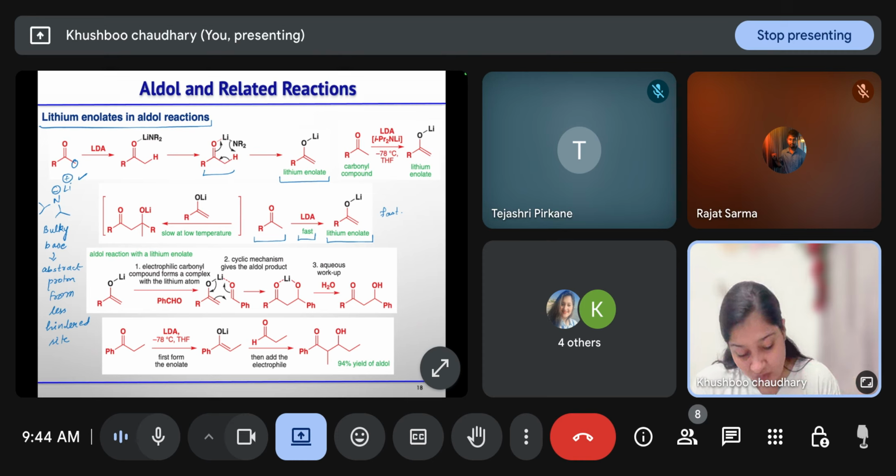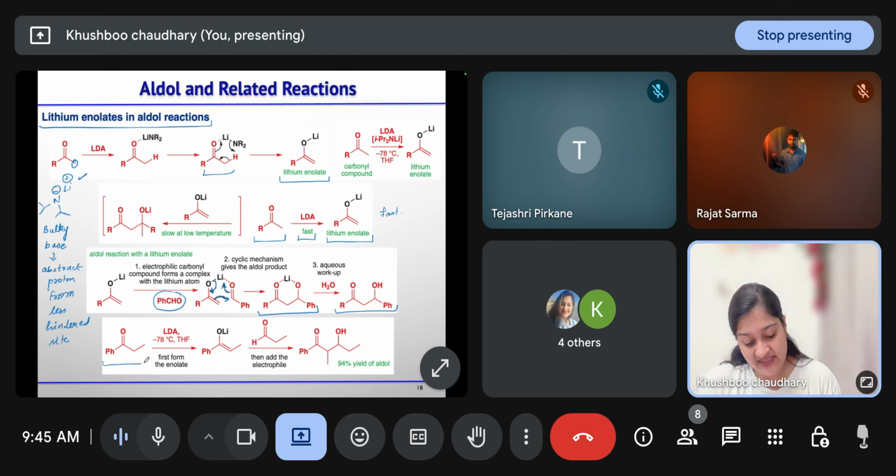So we can add one more carbonyl compound. For example, here they added benzaldehyde. So the benzaldehyde carbonyl oxygen will also coordinate with lithium, and then internally this bond will shift here. This carbon will attack the carbonyl carbon, and this oxygen will take the lithium. So through this cyclic mechanism, we will get the aldol lithiated product, and then on aqueous workup, we will get this beta hydroxy ketone.